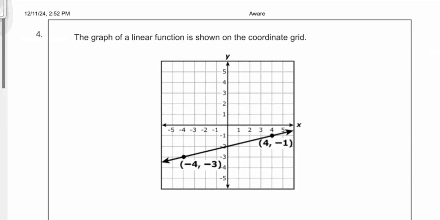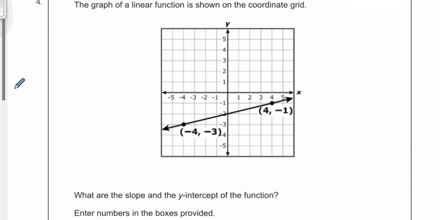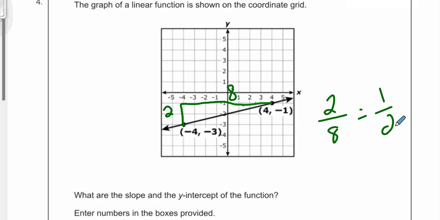Okay, number 4, the graph of a linear function is shown on the coordinate grid. What are the slope and the y-intercept of the function? So my slope, if I'm looking at my change in y over change in x, it's 2 over 1, 2, 3, 4, 5, 6, 7, 8. 2 over 8 equals half.